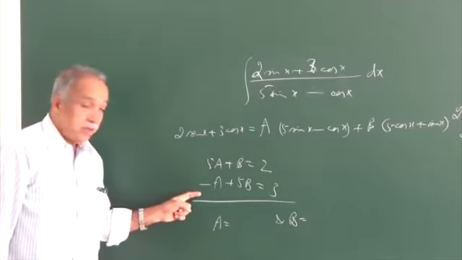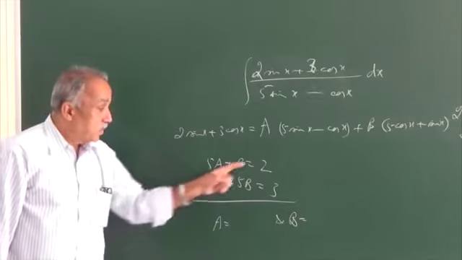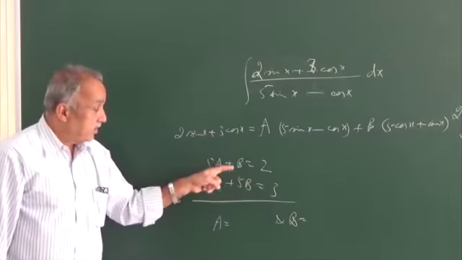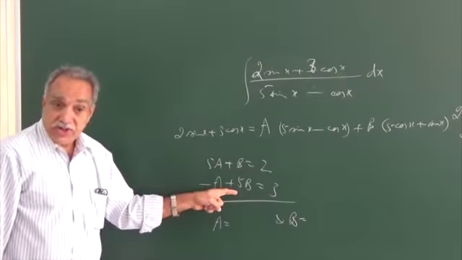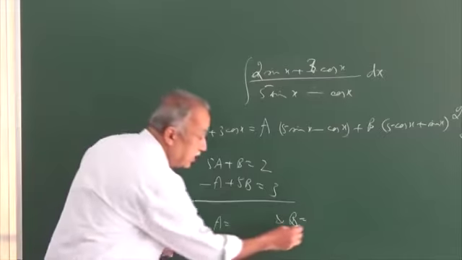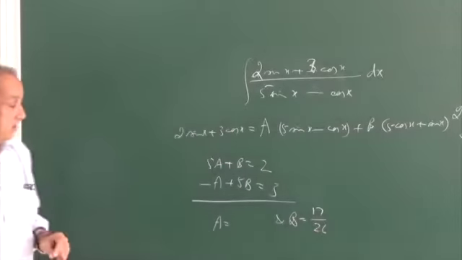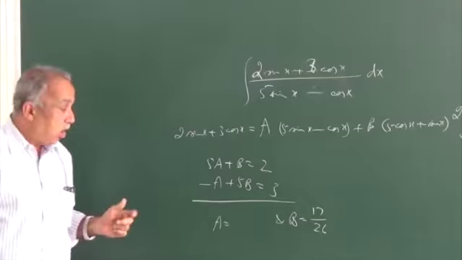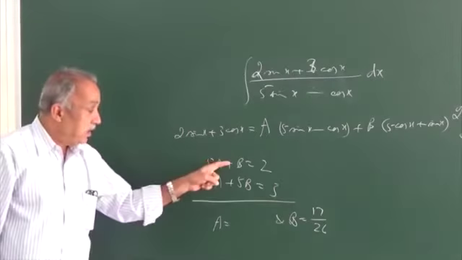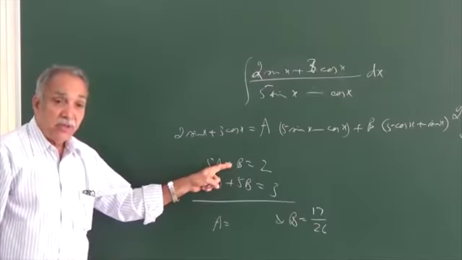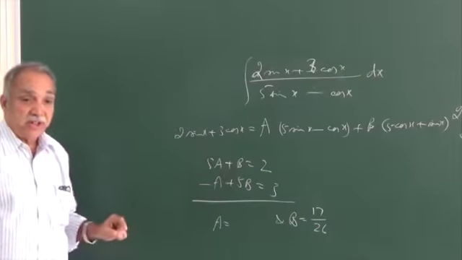Multiplying the second equation by 5 and adding, 2 plus 15, 17 is equal to 26b. B is 17 by 26, am I right? Then substitution or elimination of b: multiply the first equation by 5 and subtract one from the other.